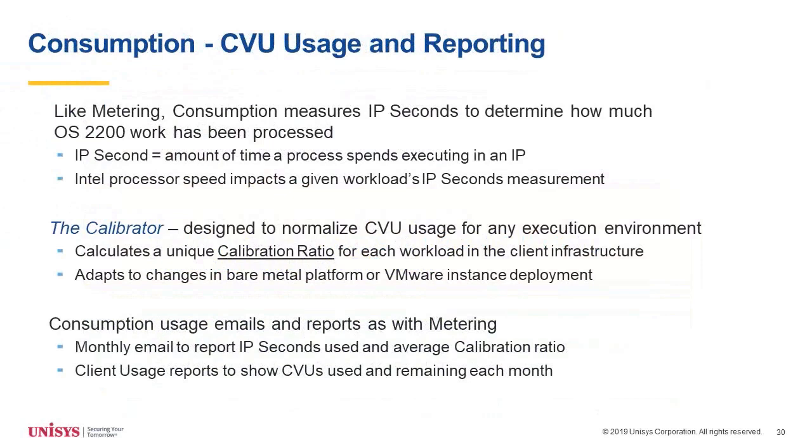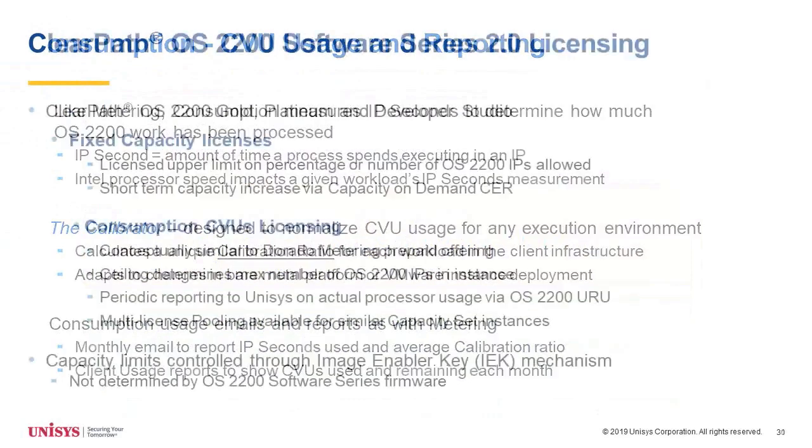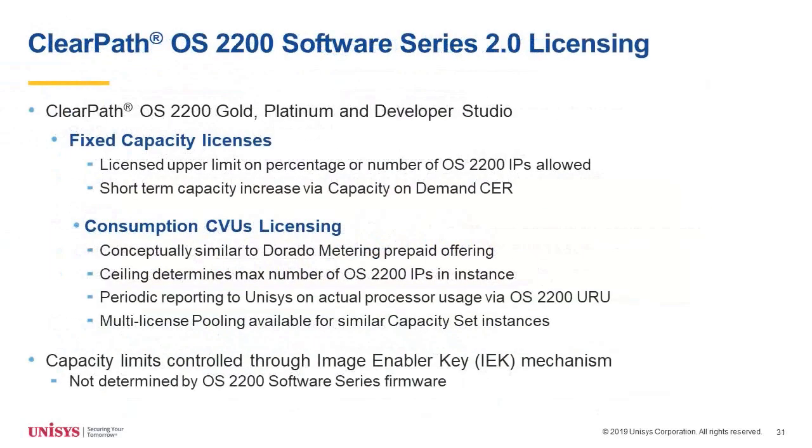Now, consumption emails and reports will be coming, much like metering. Again, those are all of a very familiar format for our metering clients that move to OS 2200 software series. Licensing for software series, again, is fixed capacity licenses built on the percentage or number of OS 2200 logical IBs. We do have short-term capacity increases via our COD program, much as we've had for Dorado.